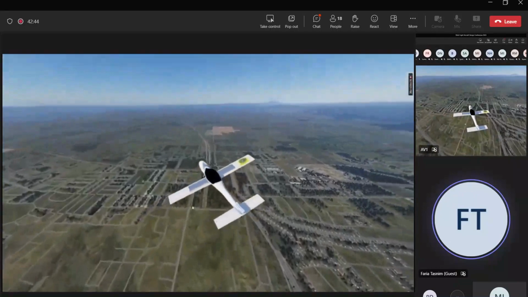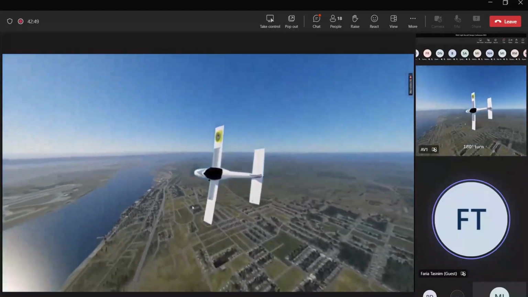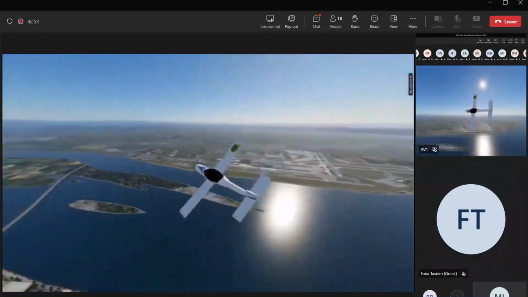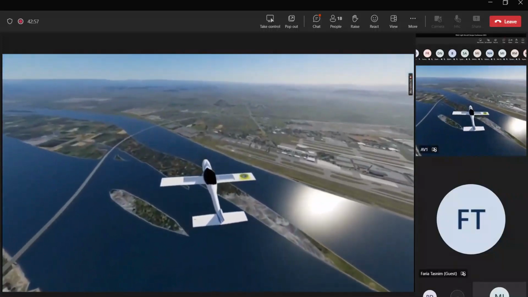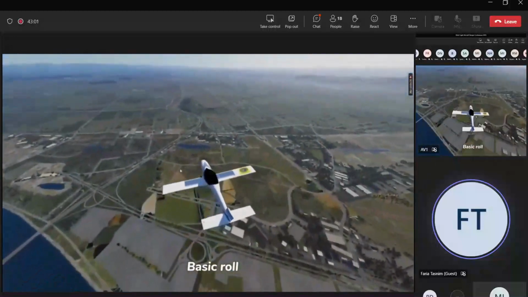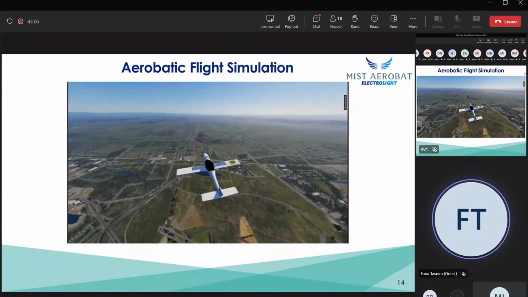Next, the aircraft is initiating a 180-degree turn, which is denoted with RST 2211. And finally, the aircraft is doing a basic roll indicated with RST 1111 and 9134.